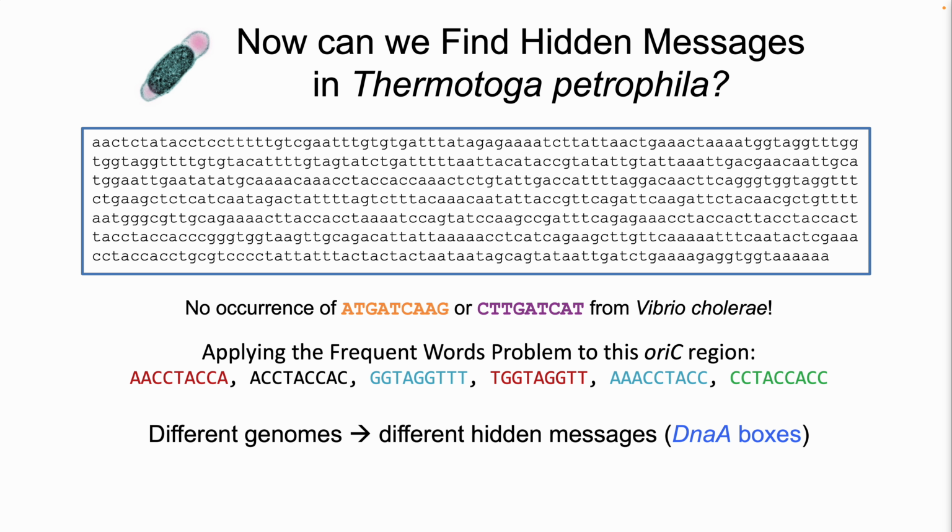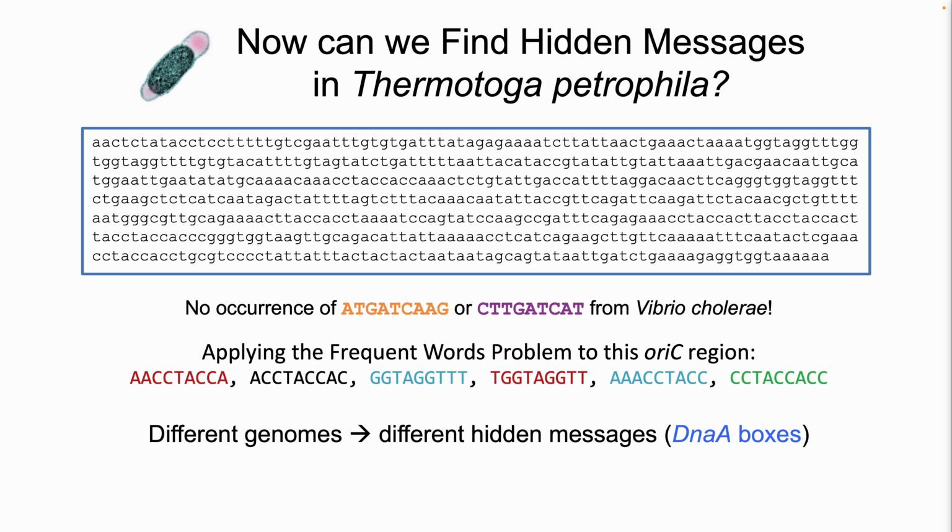If we reapply the frequent words problem, looking for k-mers again, you will find 6 k-mers that appear at an unlikely frequency. They're all 3 except for the green one.